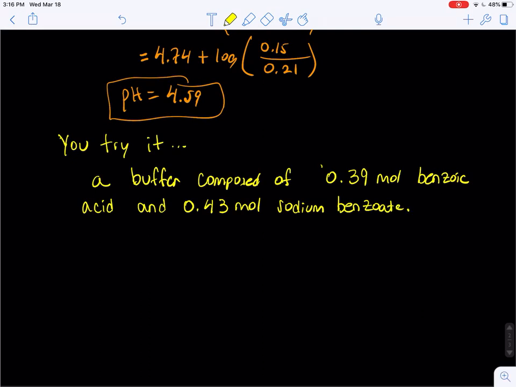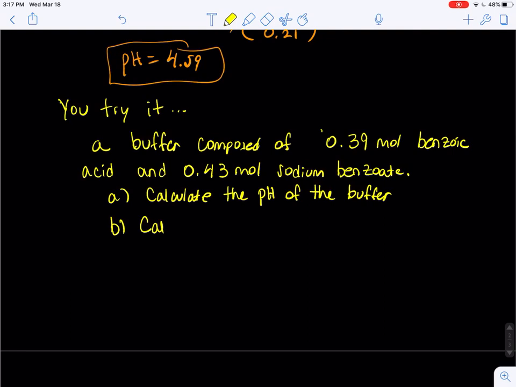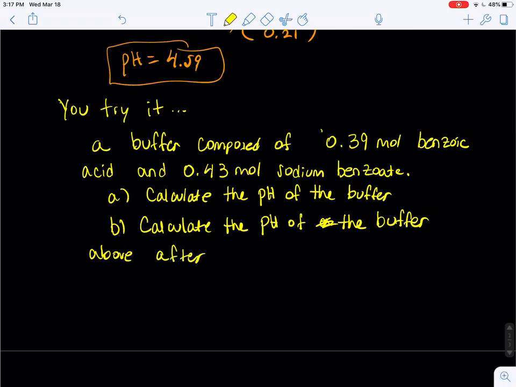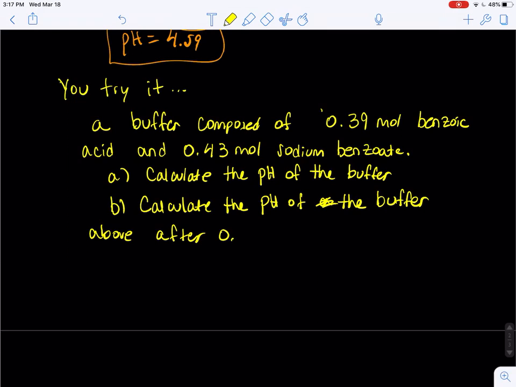Okay. Calculate the pH of this buffer. Calculate the pH of the buffer above after 0.25 moles of HCl is added.